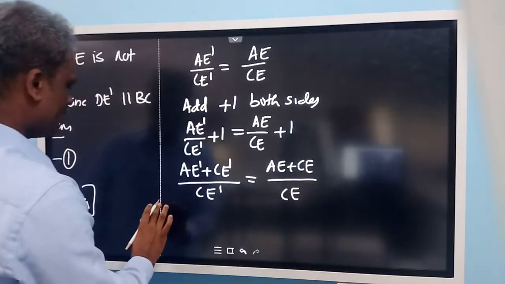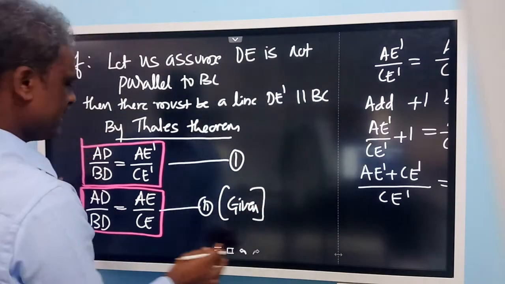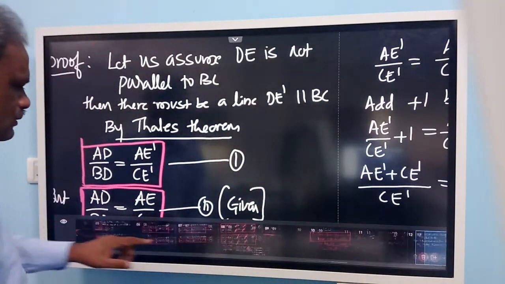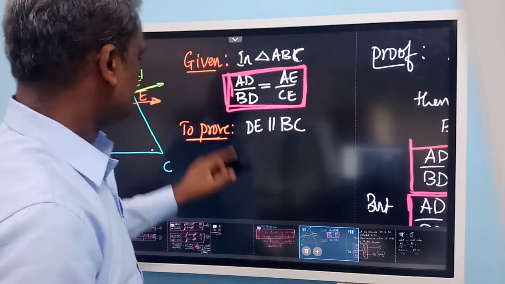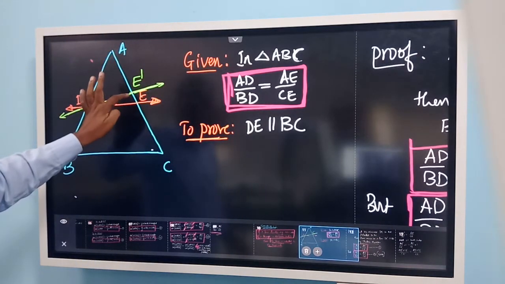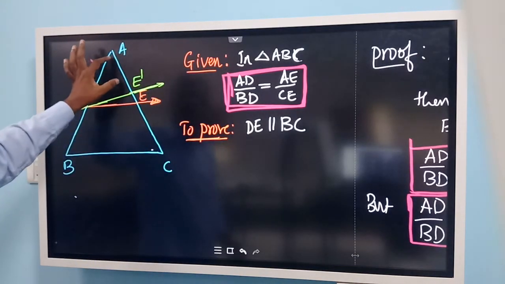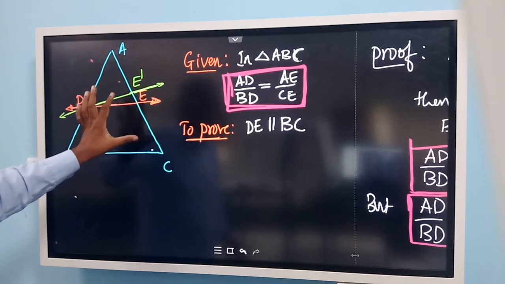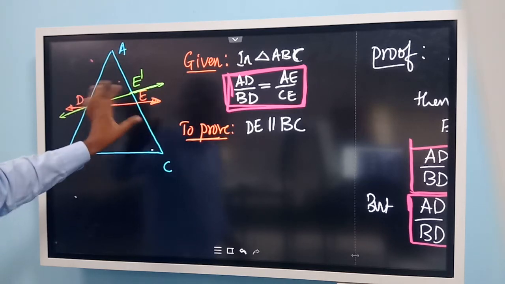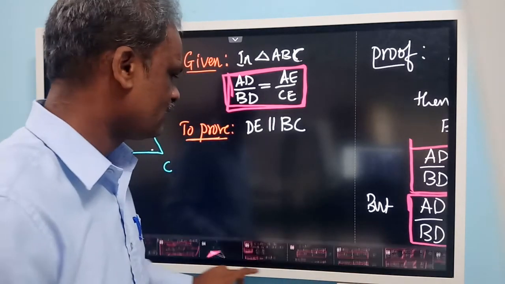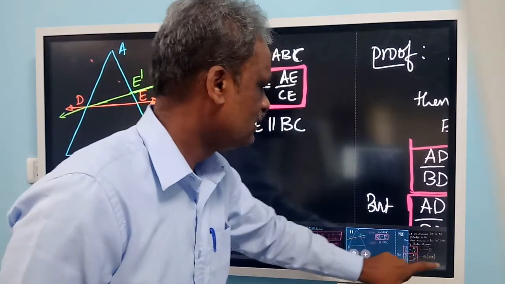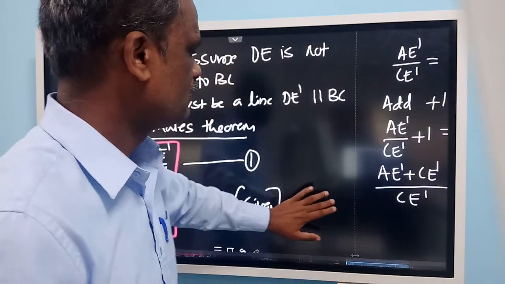Look at the diagram. AE dash plus CE dash, the sum of these two, what is that? AC. We can write AC there.